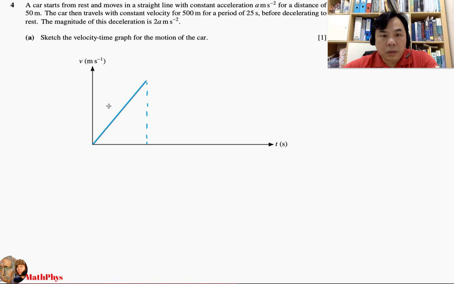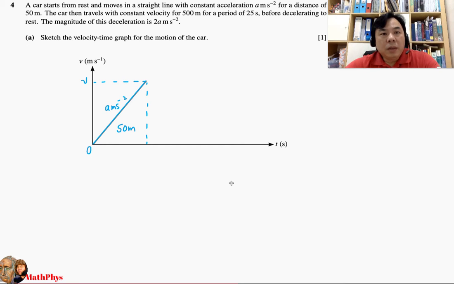So its acceleration is a meter per second. It should be able to reach speed up to v here. The area here represents displacement of 50 meters from where it started, because it starts from rest, so there's a zero here. I hope that's clear for the first part.